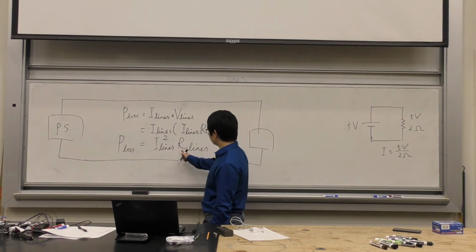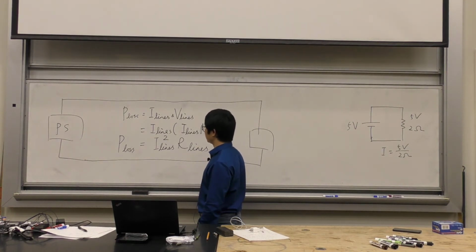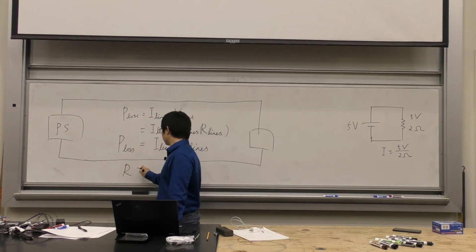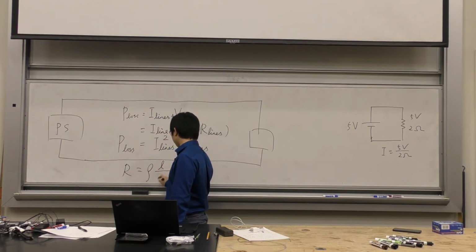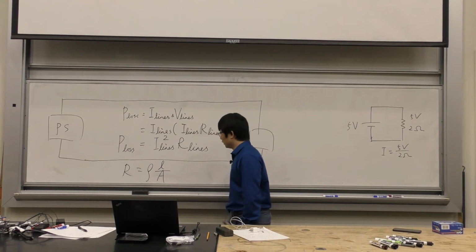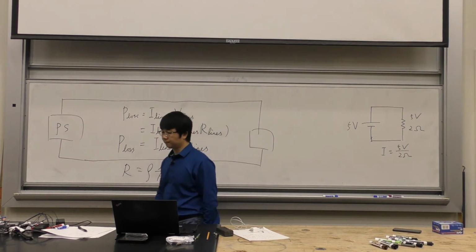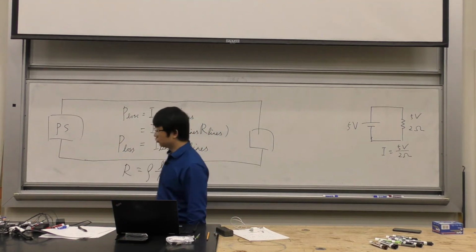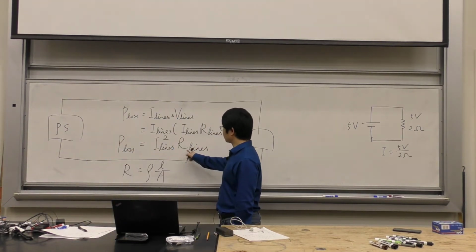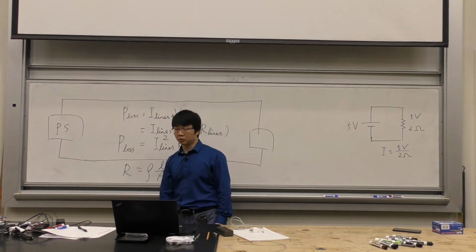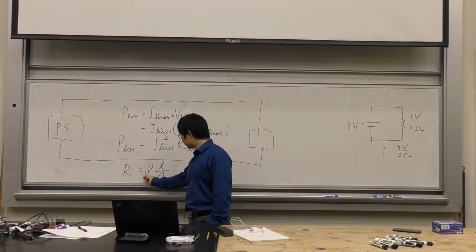One way you can do is to reduce this resistance. How do you reduce the resistance of the transmission lines? This is how you calculate resistance: the resistivity times the length divided by the area. If you want to make this R small, because I want to make this power loss small, you make this small.